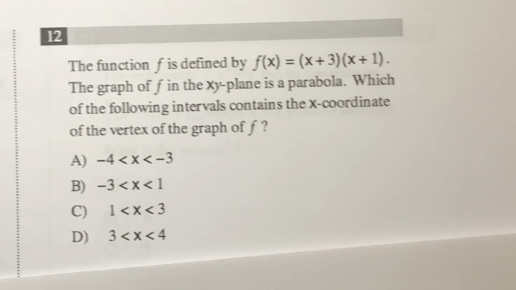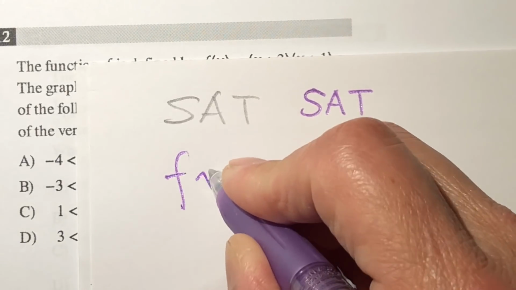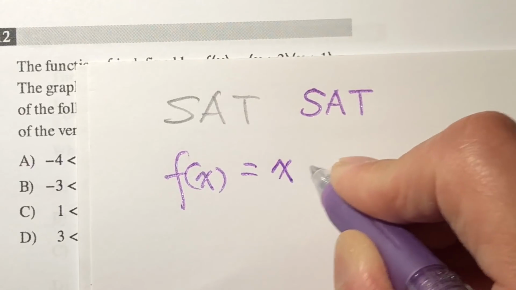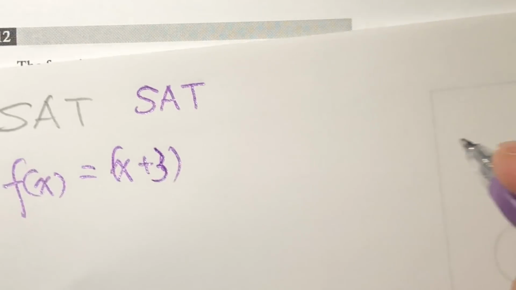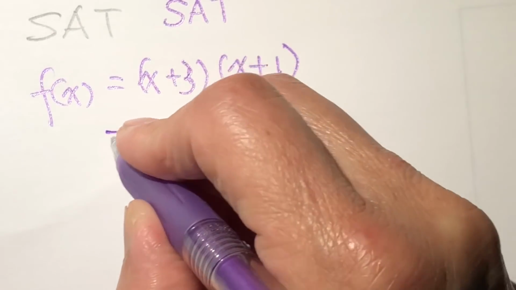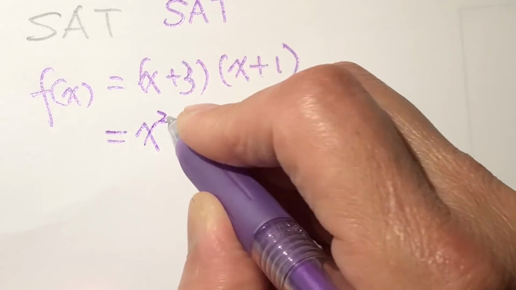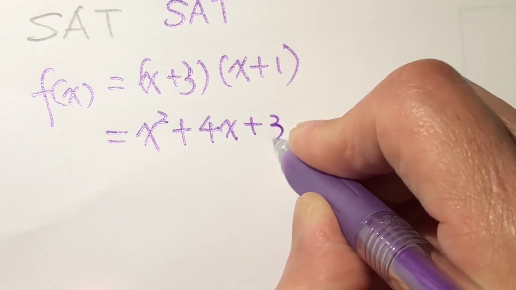Okay, so the first step, we change this form. f of x equals x plus 3 times x plus 1. So we can change it into x squared plus 4x plus 3.